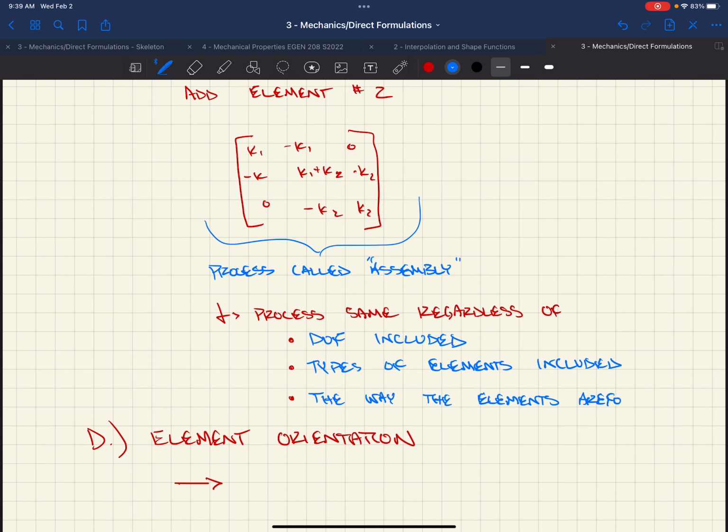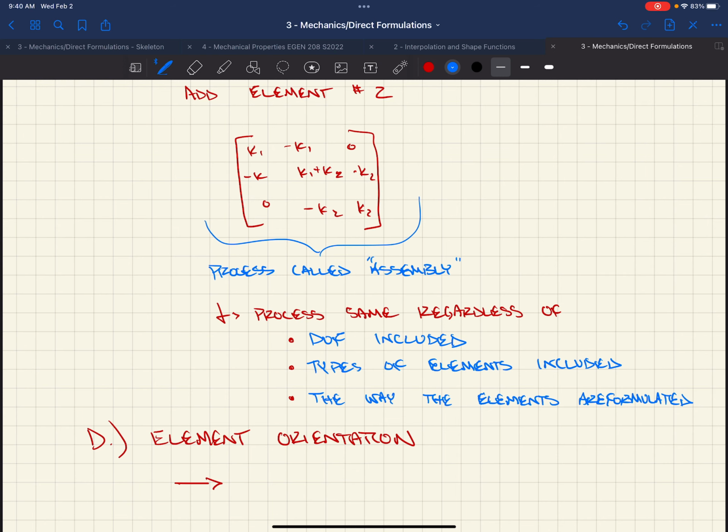What do you mean by types of elements included? Right, so you could have 2 different elements connected at a node. They only know each other at the node. And that element might have different degrees of freedom, potentially, which would just add to the overall structure's degrees of freedom, and so to the size of this stiffness matrix.